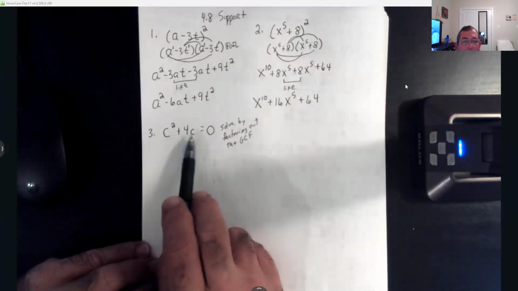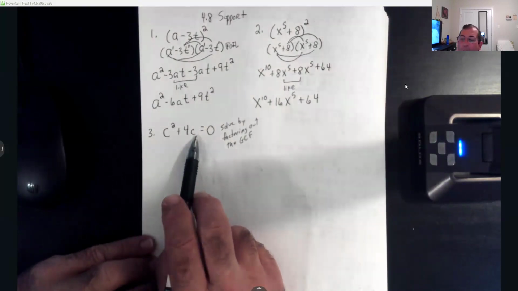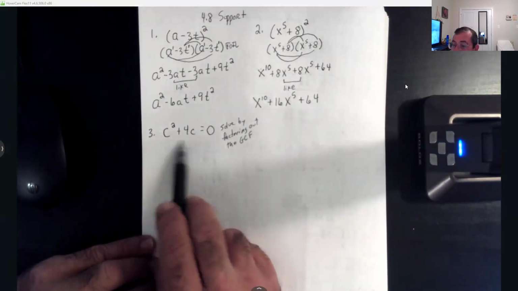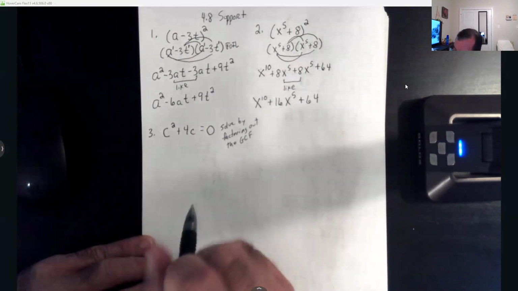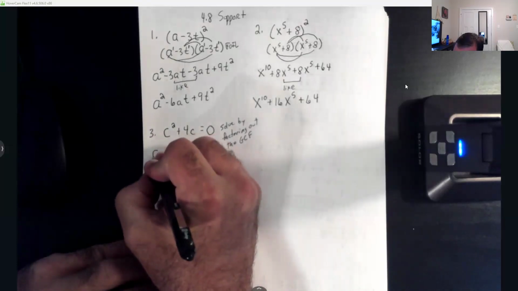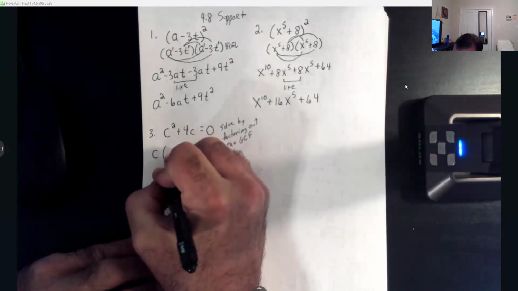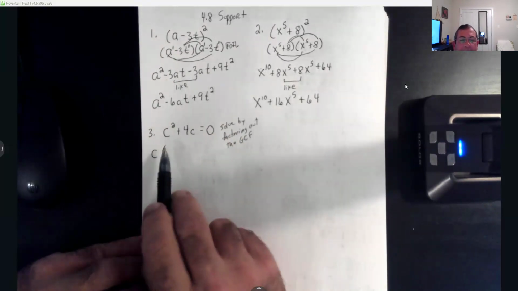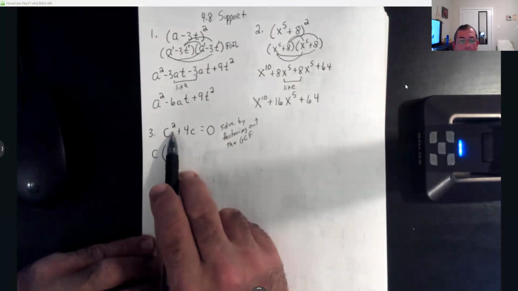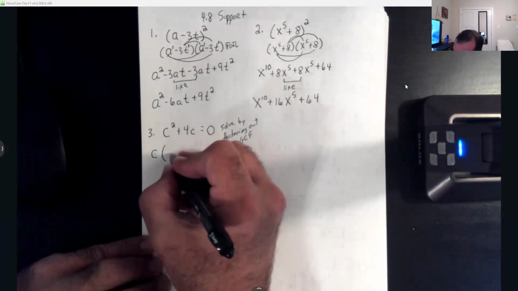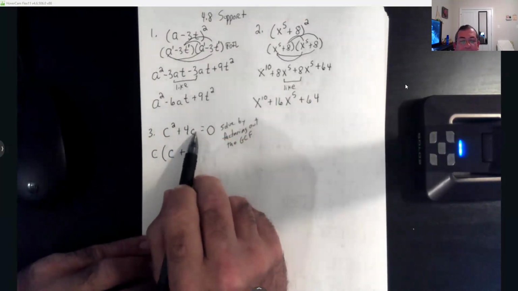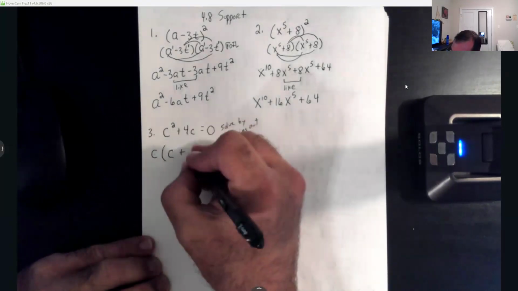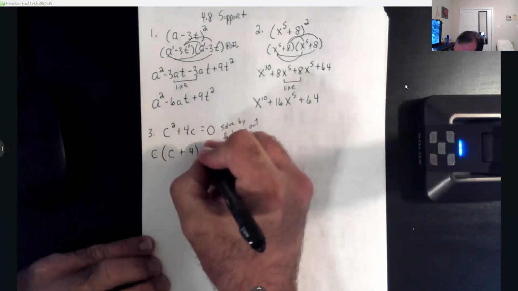You've got a c squared and a 4c. Both of those have a c in them, right? So since c squared and 4c both have a c, we're going to factor out the c and then put what's left in parentheses. Well, c squared, if I take away a c, leaves me a c, plus 4c divided by the c leaves me a 4.